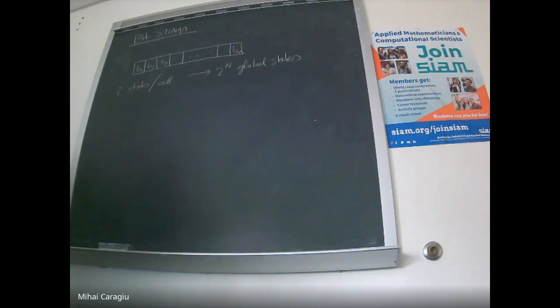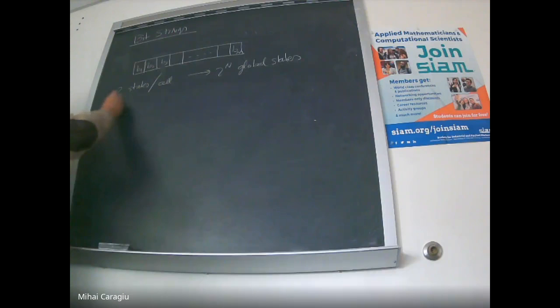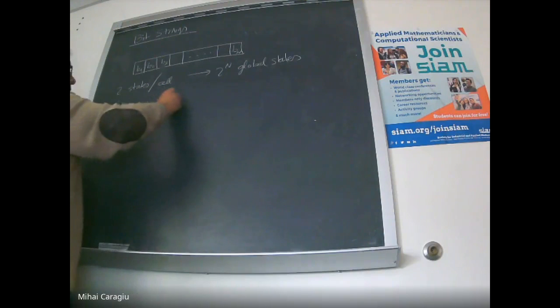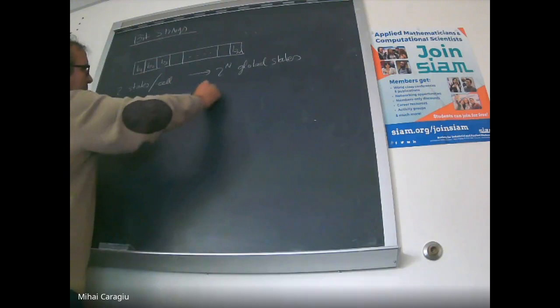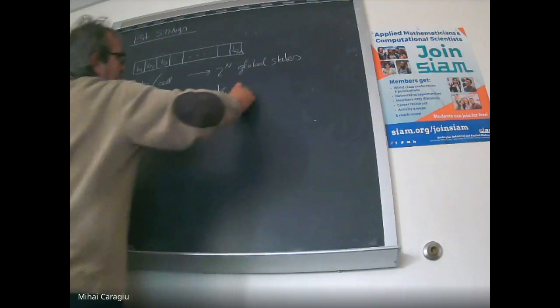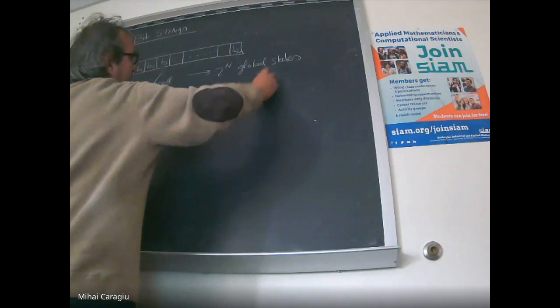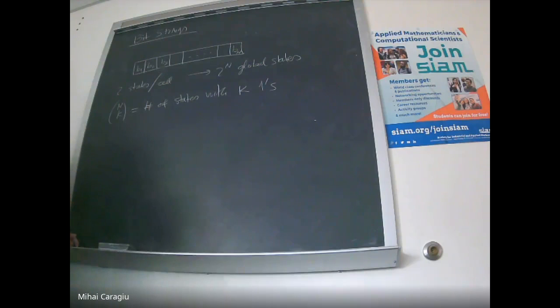Okay, so one nice interpretation of binomial coefficients is that n choose k is the number of states with k ones, so the number of bit strings of length n with k ones.